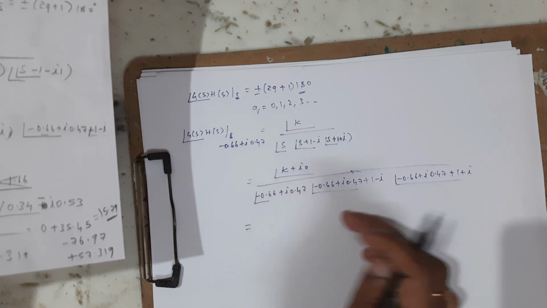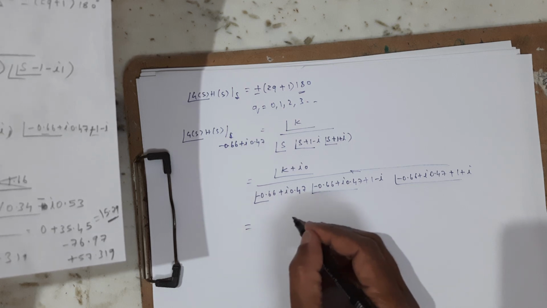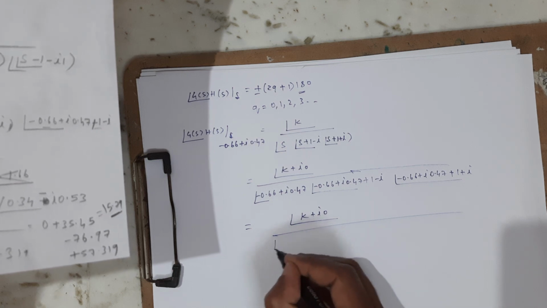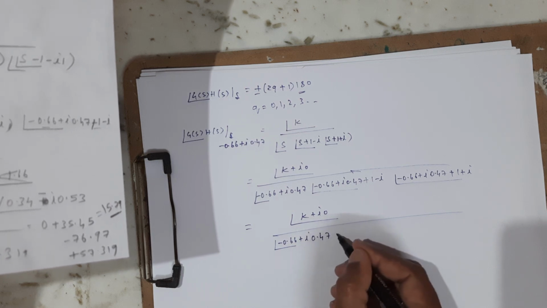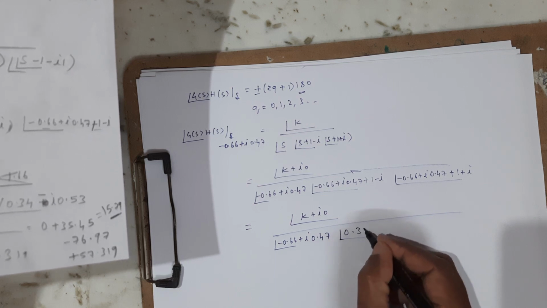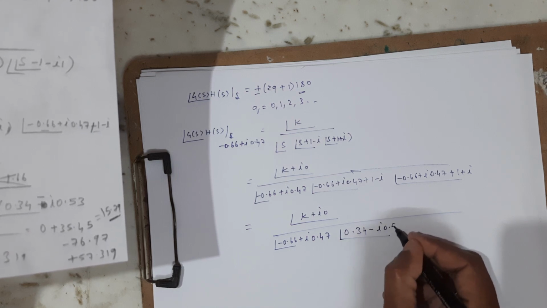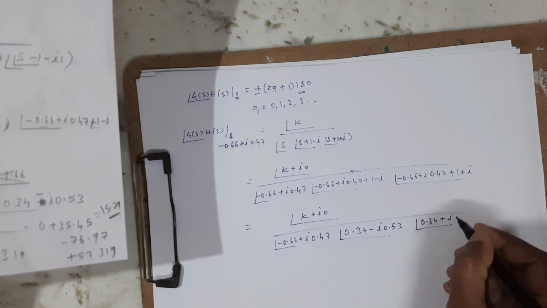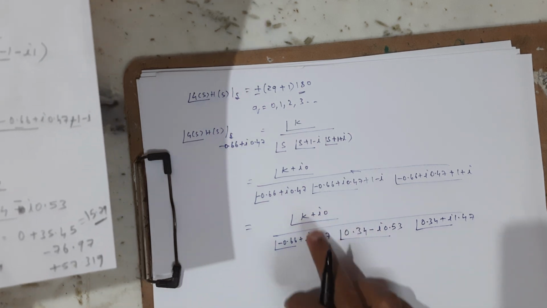Okay. So now after simplifying this, what I am going to get is: this is k, there is no change here, i is 0. This is the same, minus 0.66 plus i 0.47. Next this will be 0.34, correct, 0.34 minus i 0.53. Next this will be 0.34 plus i 1.47. Now I need to find the angles for this.